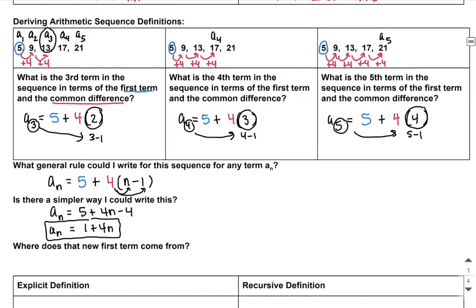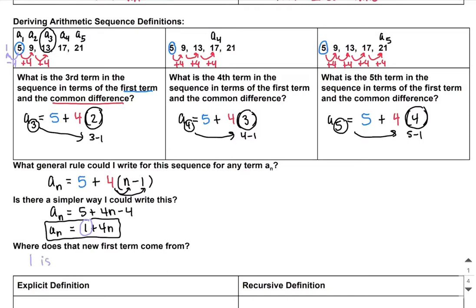Where does that new first term come from? So where does this 1 come from? If I look in my list, there's no 1 here. But if I went backwards from 5 and I subtracted 4 to find the preceding term to 5, because I can do that, I would have 1. And that's where that term comes from.